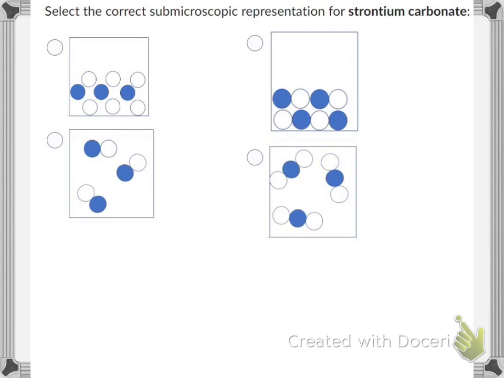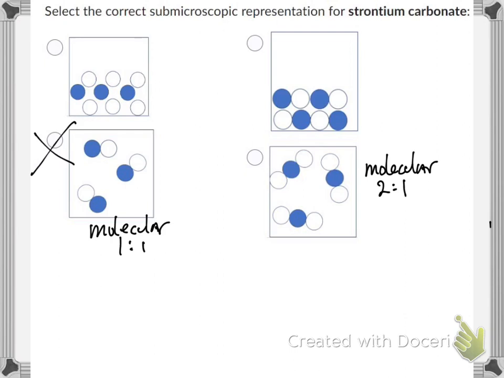All right, and so for our final problem, we are given the submicroscopic representation, looking for strontium carbonate. First, we're going to recognize that this is molecular 2-to-1. This is molecular 1-to-1.